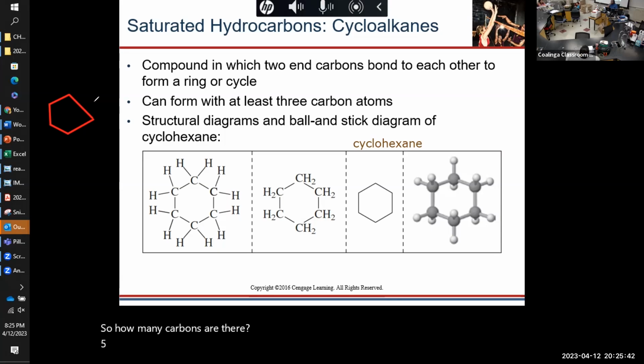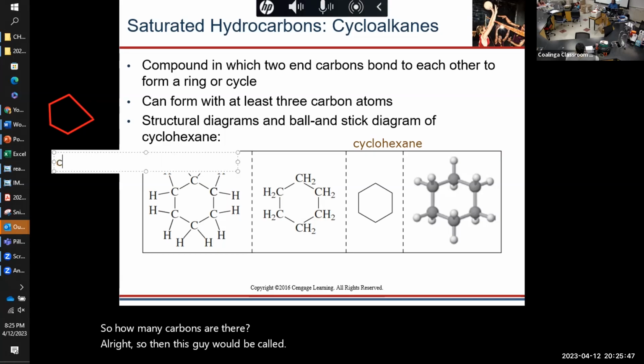So then this guy would be called cyclopentane. Simple, right?